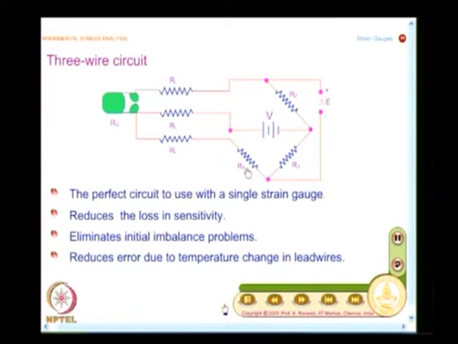So, what is done here is, for this arm I have one resistance RL, and for this arm I have another resistance RL. So, when I have 3 lead wires, you have one lead wire attached to one of the arms, you have another lead wire attached to another arm, thus it eliminates initial imbalance and also reduces error due to temperature change in lead wires, because adjacent arms cancel each other.